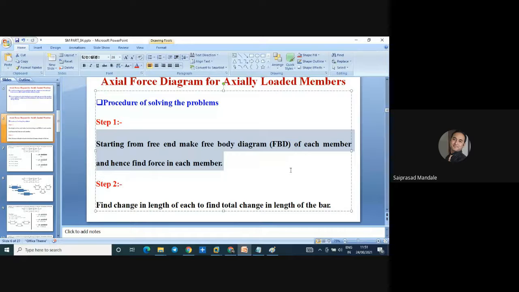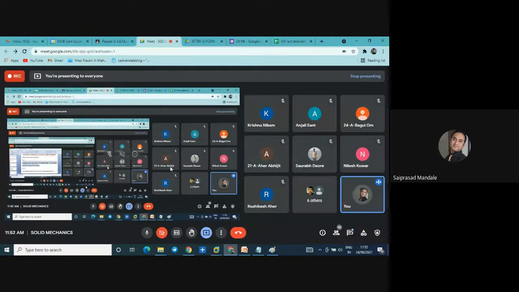In this case, the body is loaded at either end as well as internally. In that case, how to solve? There are few steps. Step number 1 is that we have to draw the free body diagram.